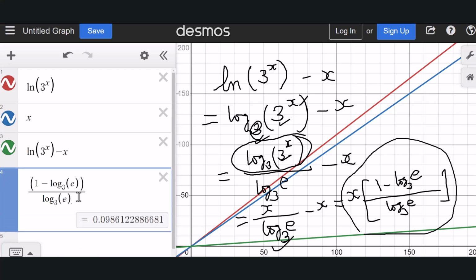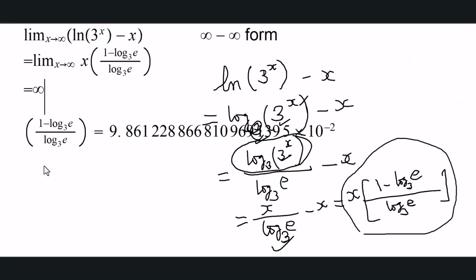What you get is that this is about 0.099. And 0.099 of infinity will again be infinity, as we did right here. So here we saw that the infinity minus infinity form can even be infinity.